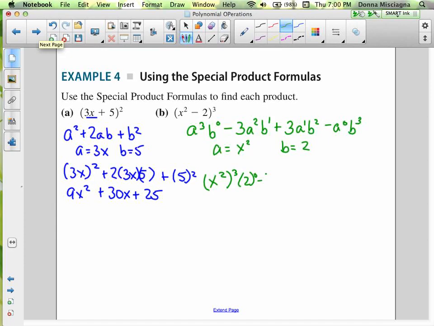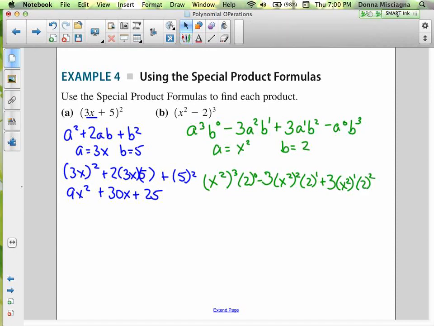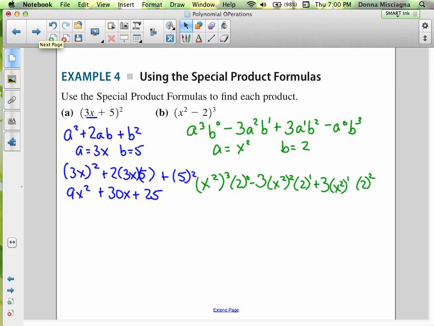Then we have minus 3, and then x squared squared, and 2 to the first power, plus 3 times x squared, and that's to the first power now, because that one is decreasing, and now this one's power is increasing.